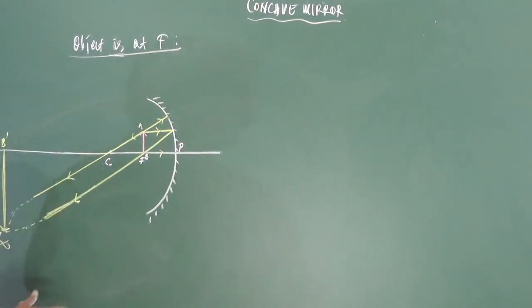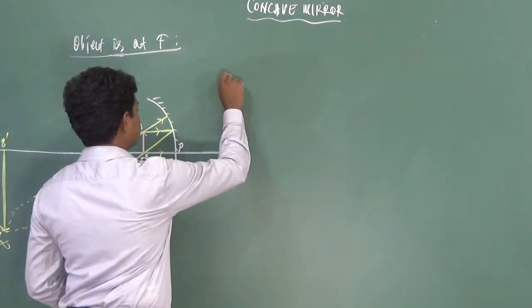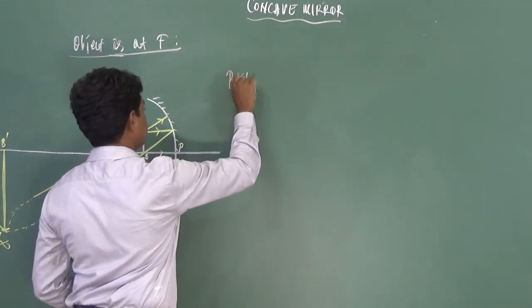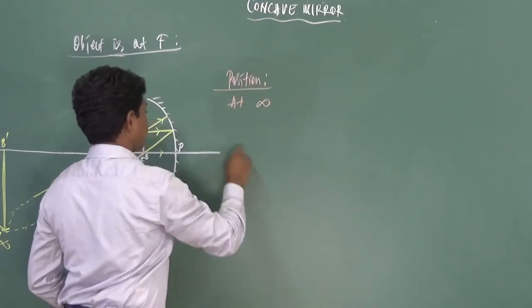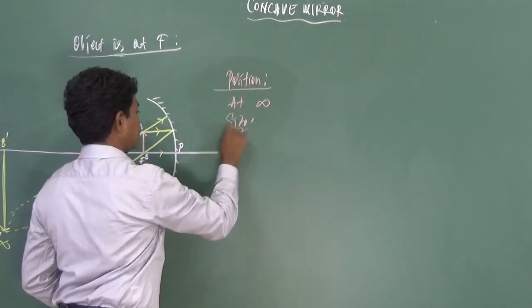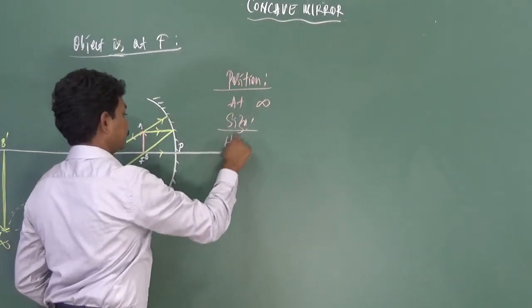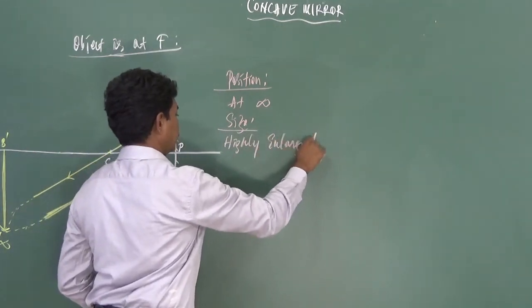This is a very important ray diagram. Let us write the position. The position of the image is at infinity. The size of the image is highly enlarged.